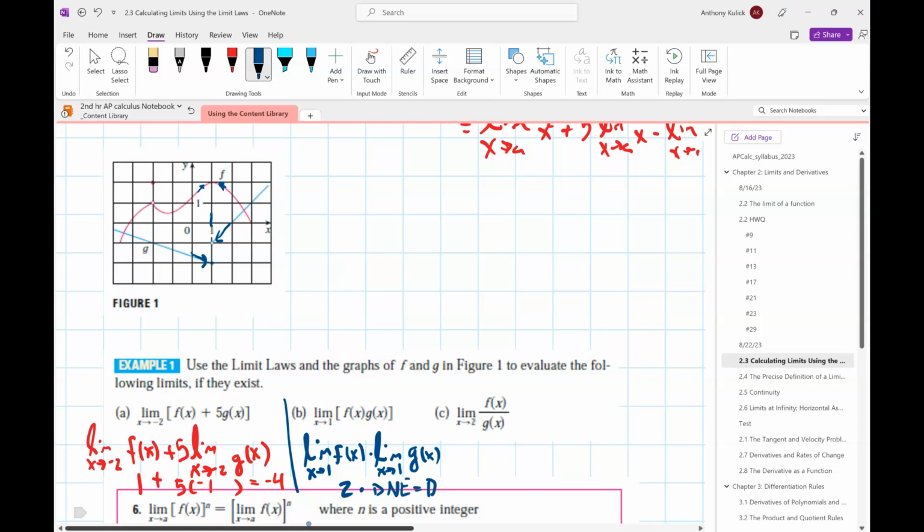So does not exist times 2 is just does not exist, still doesn't exist, right? Are we doing okay? Yes. Again, if you need me to slow down or explain more, or if you're missing something, holler at me. But I'm just trying to read the limits from the graph.